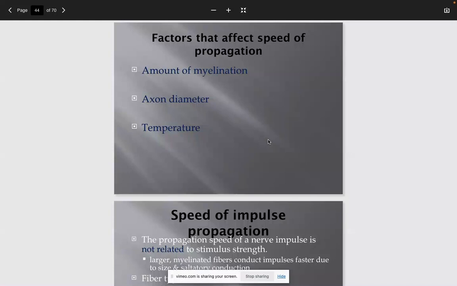The destruction of the myelin causes problems within the nervous system, but increasing the temperature at which the body is living helps a little bit with conduction. That's just a little tidbit; I think it's cool to relate some of this physiology to real life situations.